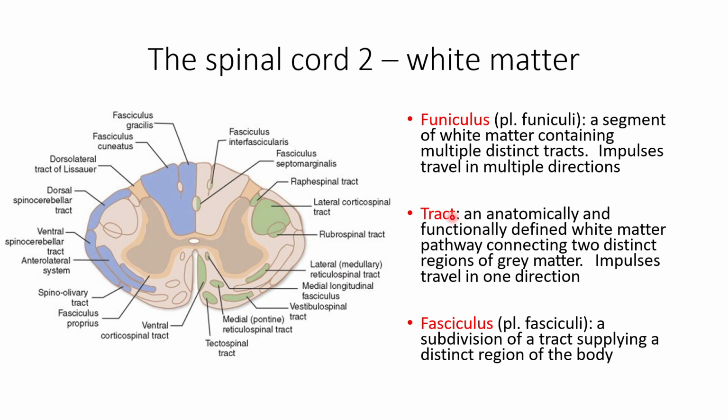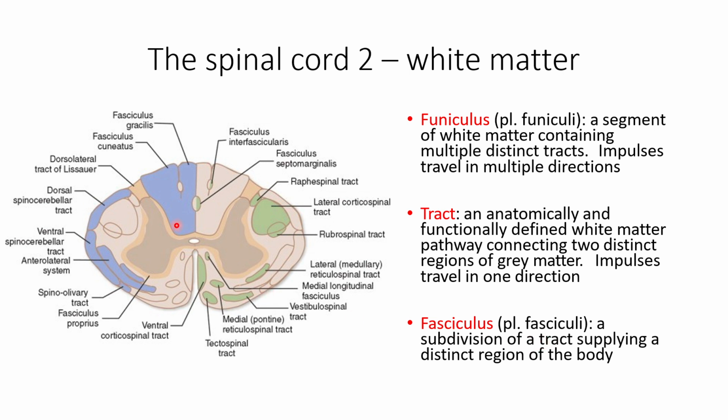Finally, we can take a tract and split it into smaller subdivisions, and we can call these subdivisions fasciculi. And a fasciculus we can think of as a subdivision of a tract, which supplies a distinct region of the body.